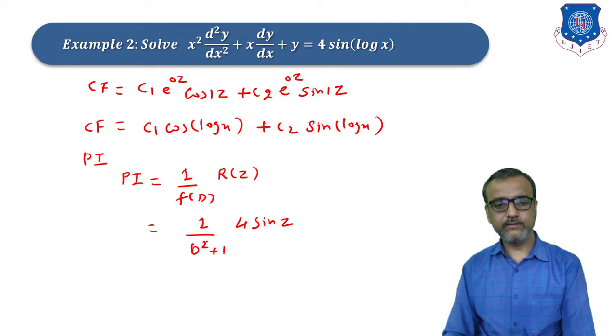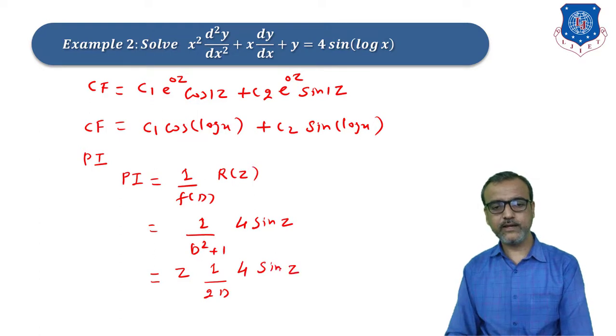But if we replace D² by -1, in the denominator you will get 0. So we cannot directly put down the value of D² = -1. So now we will multiply this result by z, and we will differentiate D² + 1. So 1 over the derivative of D² + 1, that is 2D, the derivative of 1 is 0, 4 will be as it is, and sin z will be as it is.